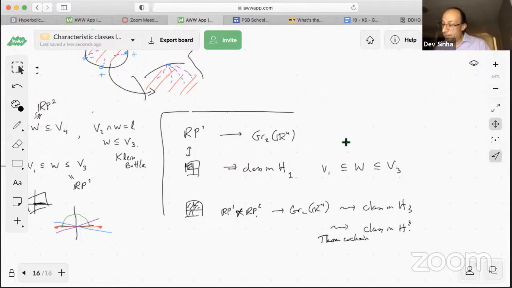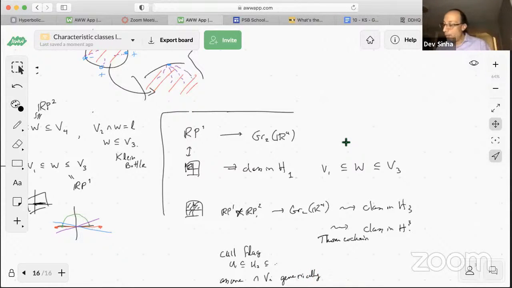The flag that I want to use here, let's call it U1 inside of U2, etc. And the reason I'm going to do that, let's just assume these intersect the Vi generically. In other words, the codimensions always add, so generically, transversely.